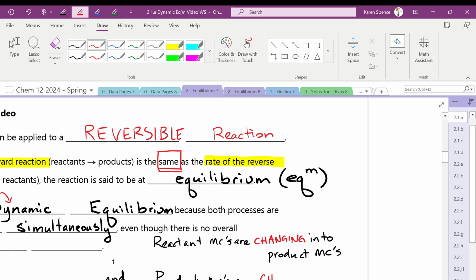The reason I'm changing the color of the word changing is because it is important, right? That's dynamic.